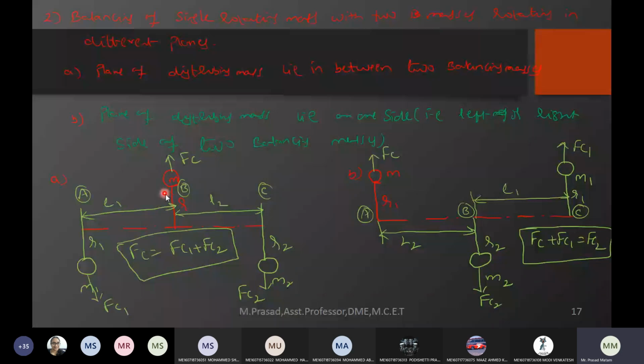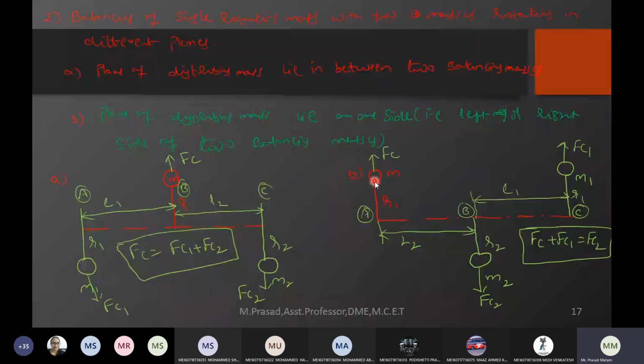This disturbing mass is being balanced with the help of two masses rotating in two different planes, and Fc is equal to Fc1 plus Fc2. This is the condition for static balancing for case A. Similarly for case B, this is one disturbing mass, on either the left side or the right side. I'm taking the left side; my disturbing mass is on the left side.